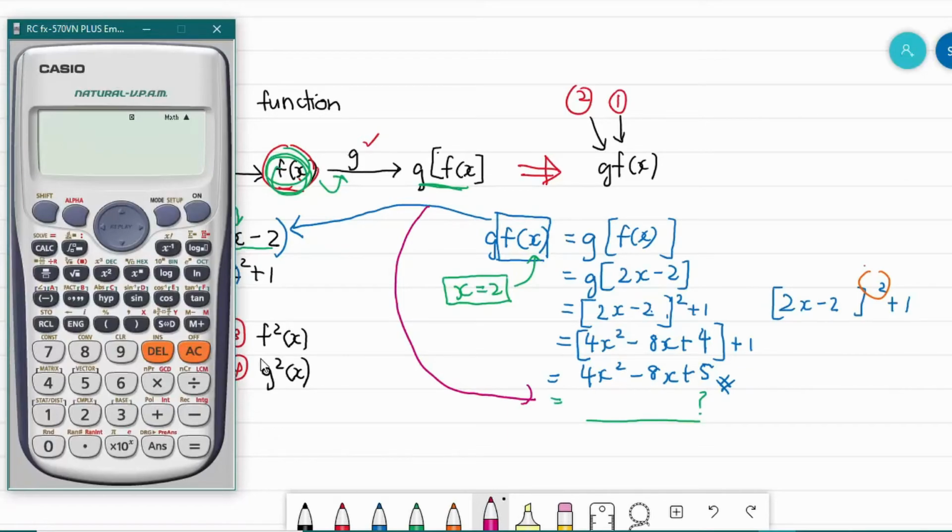Then I just type down the equation: 4a squared minus 8a plus 5. So you will get 5.